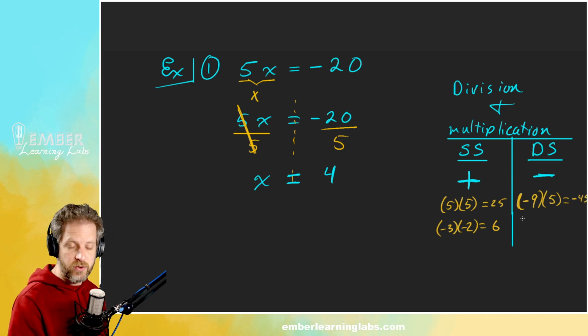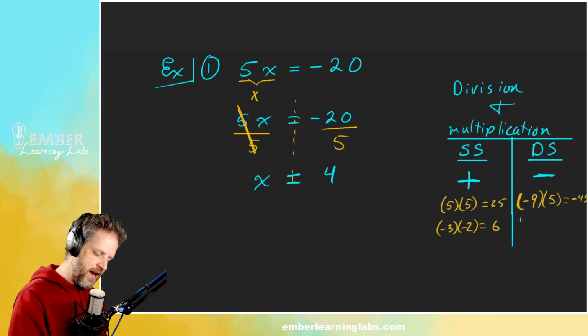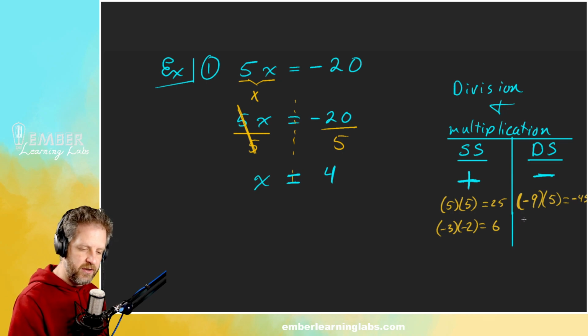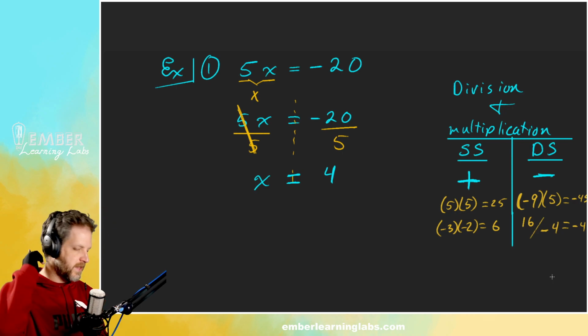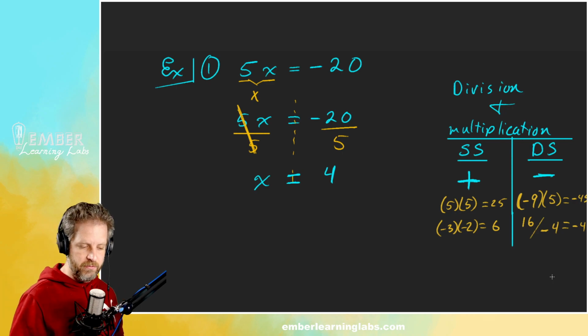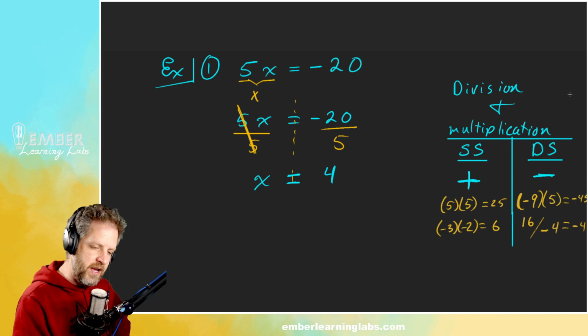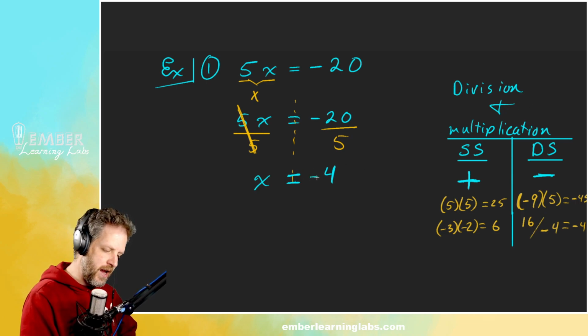If we have, let's do a division one, a positive 16 divided by a negative 4, then it's negative 4 is our answer, right? And so that's kind of the chart we're working with for multiplication and division. So our answer over here is a negative 4.